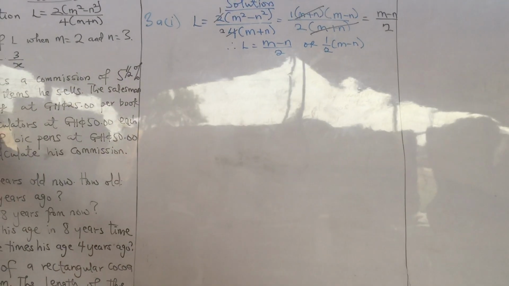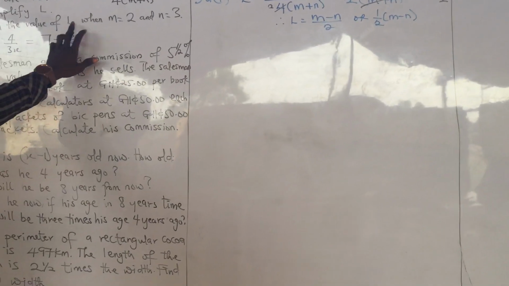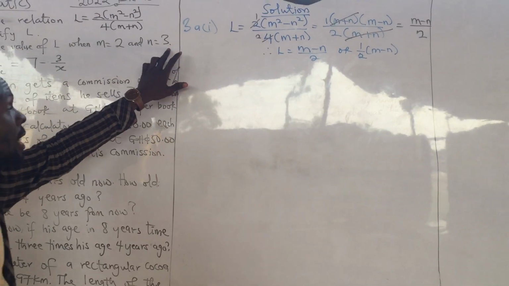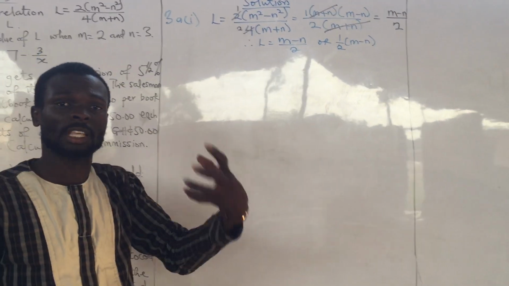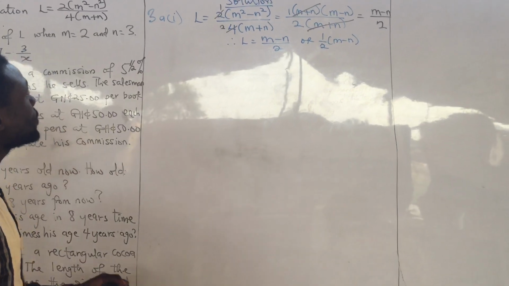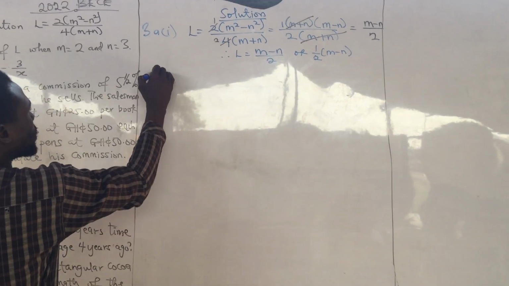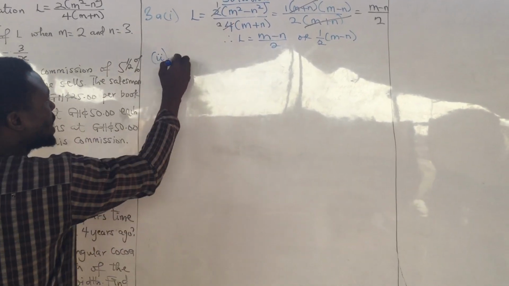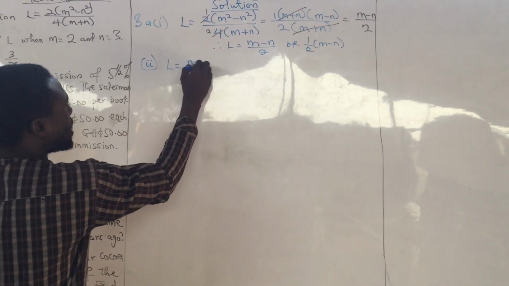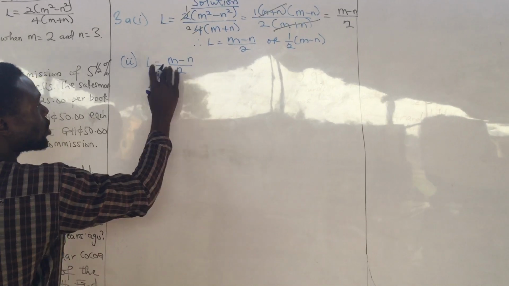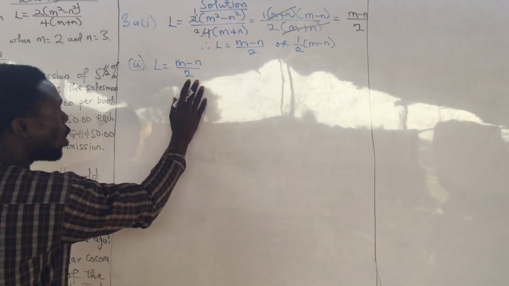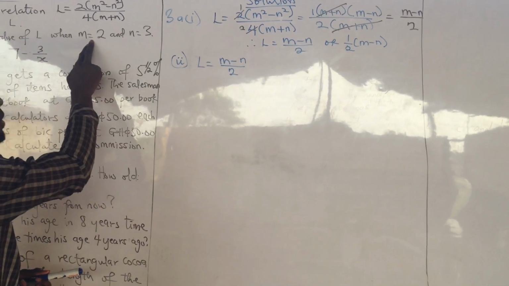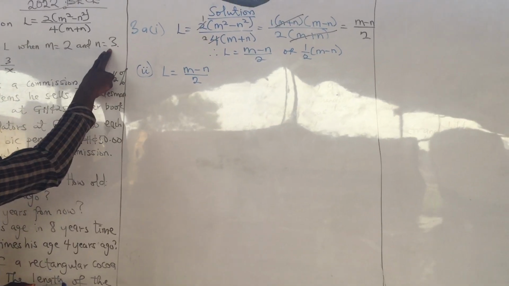Then (ii), we have to find the value of L when m is 2 and n is 3. Now this is going to be change of subject. We have to find L. And when we simplify, what did we get? We had L is m minus n all over 2. And here, they are saying m is 2, n is 3.